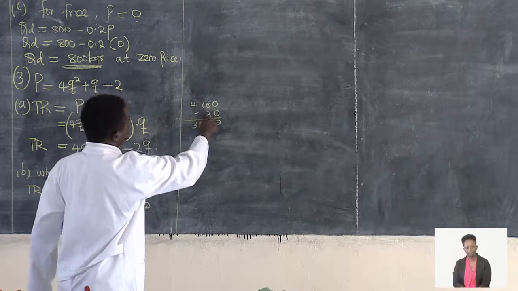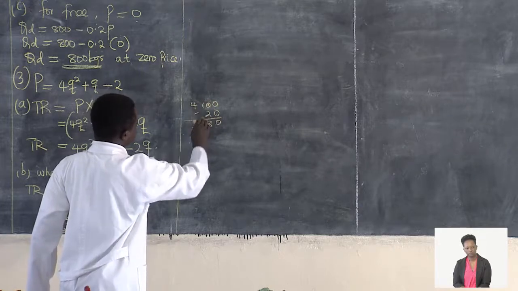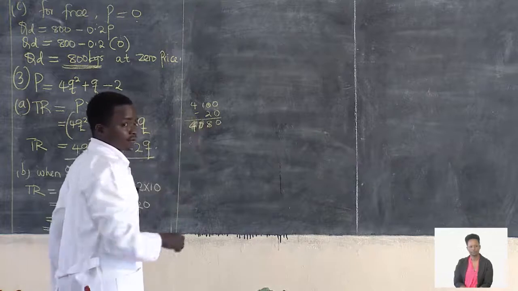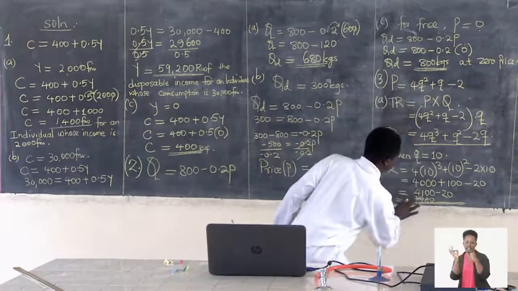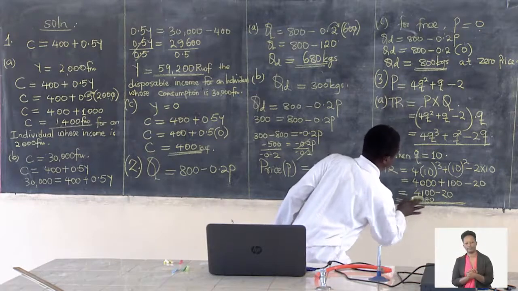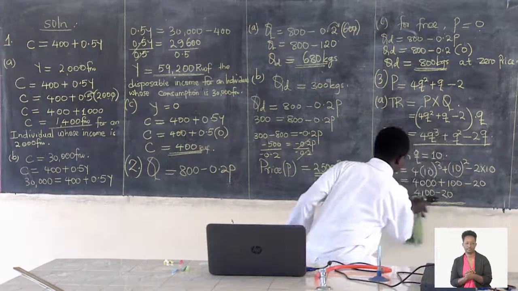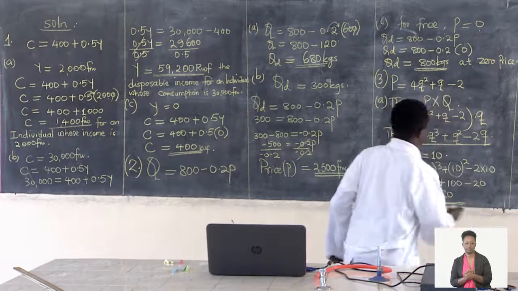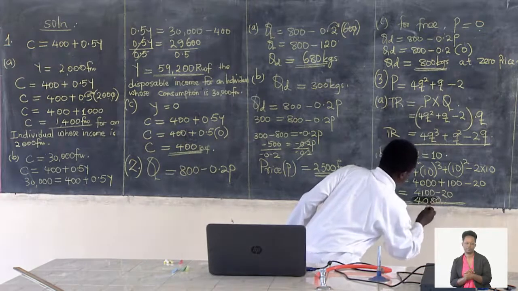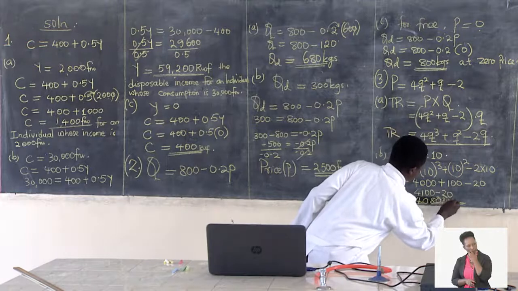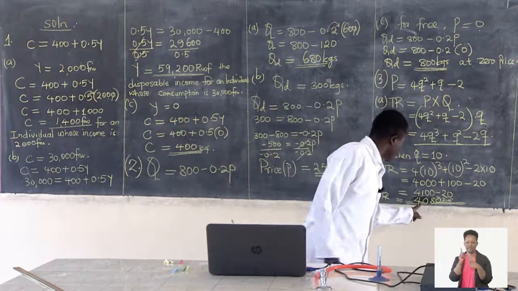Then we have 0 and 4. So it is 4,080. That is our total revenue.